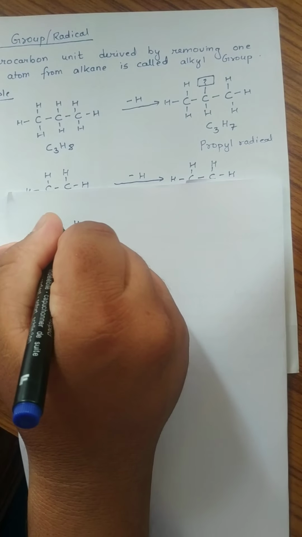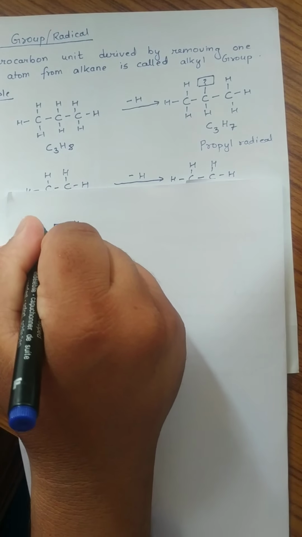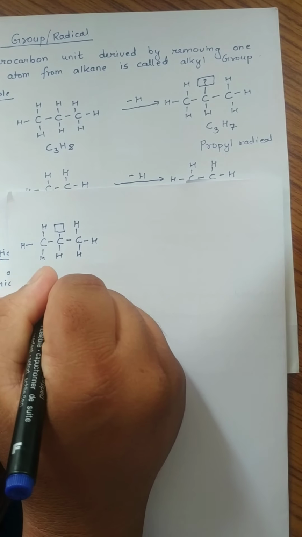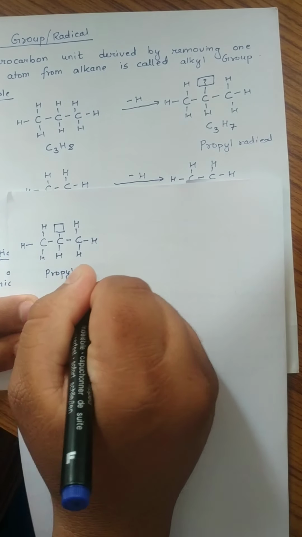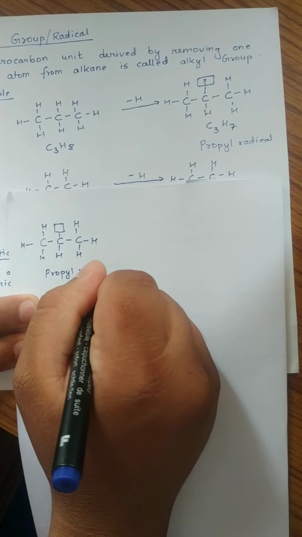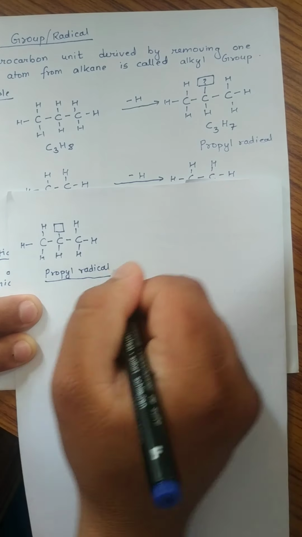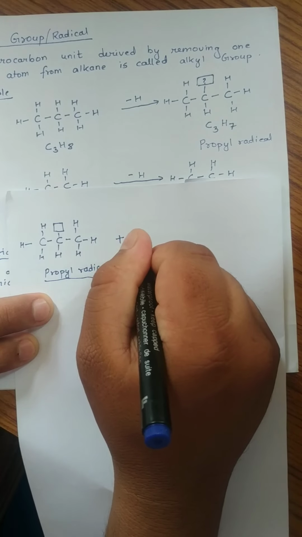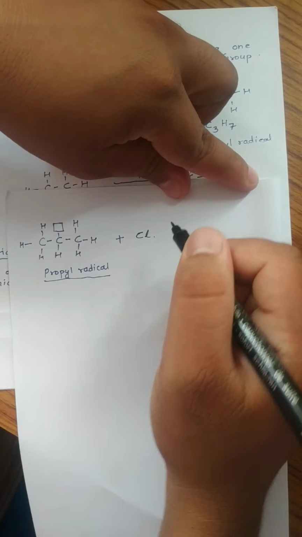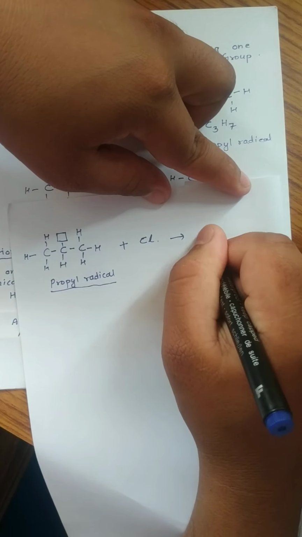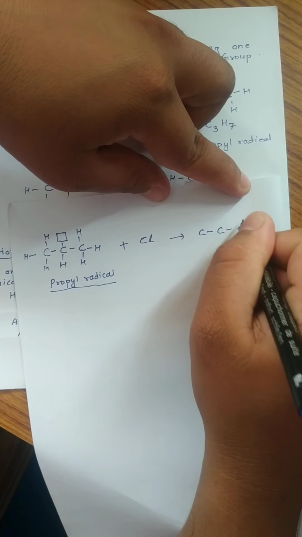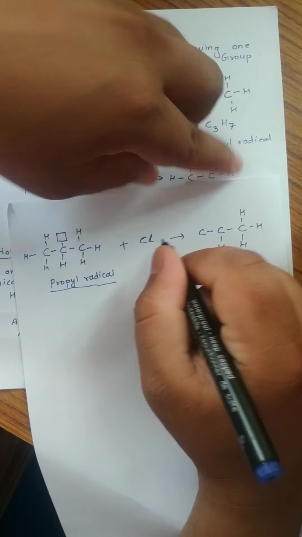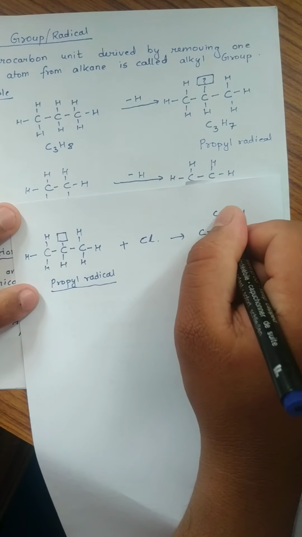So your place is empty here. When the propyl radical is attacked by a chlorine atom, then this is formed. Look at this. This chlorine goes and attaches itself in this position.